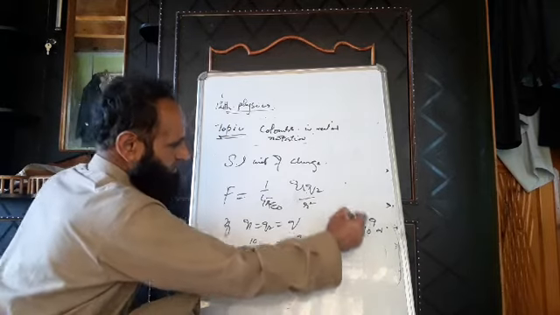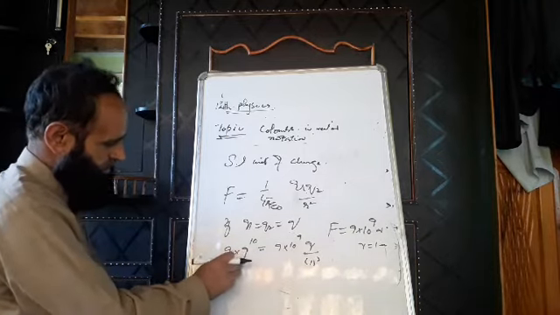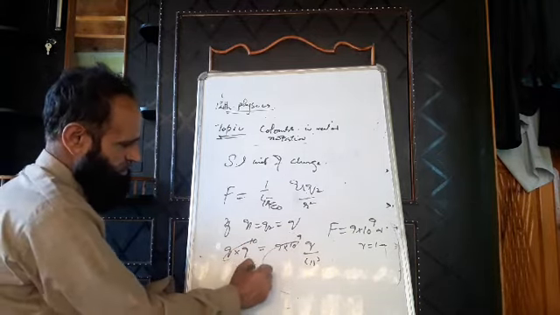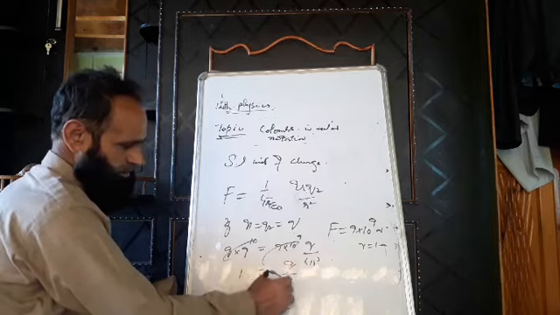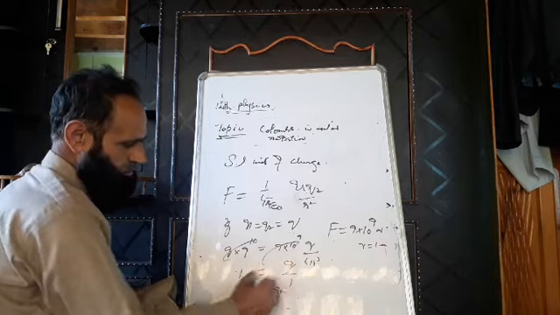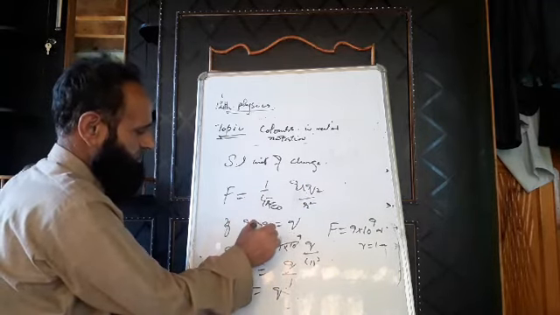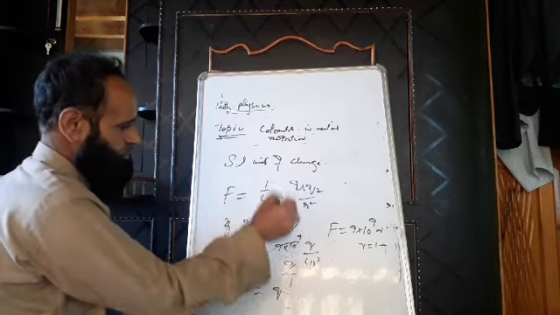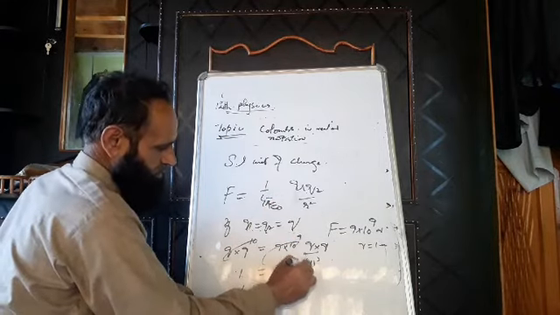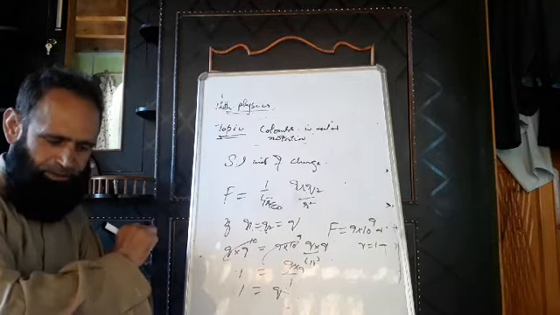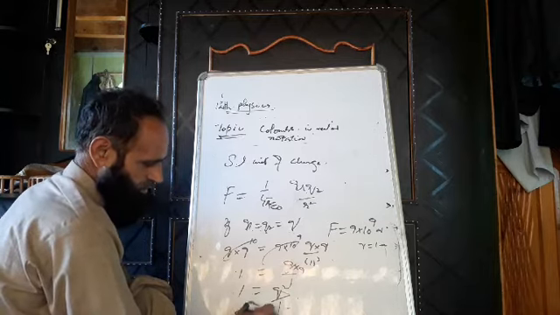If the distance between the two charges is equal to 1 meter, then r square is 1 and this cancels. Here Q1 is equal to Q2 is equal to Q, so instead of Q1 and Q2 we may write Q. So it becomes Q square.